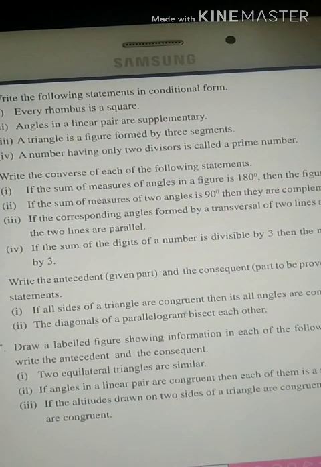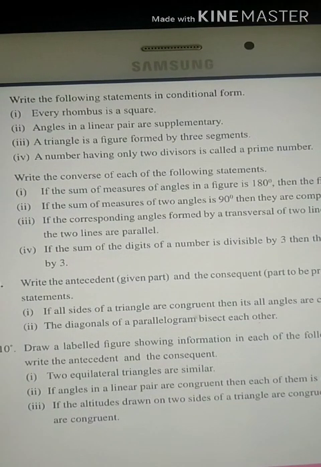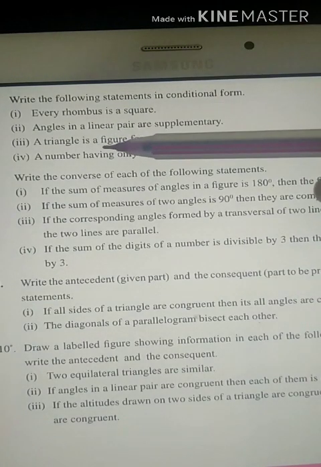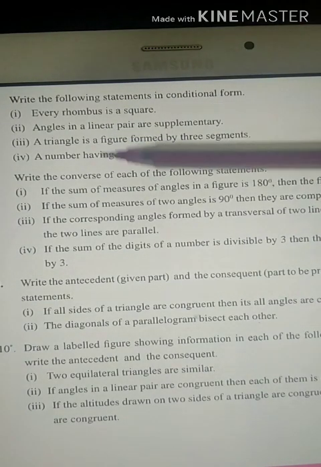Next, a number having only two divisors is called a prime number. How will you frame it in if and then form? If a number is having, it's not correct, no?